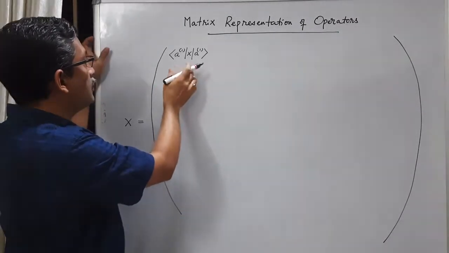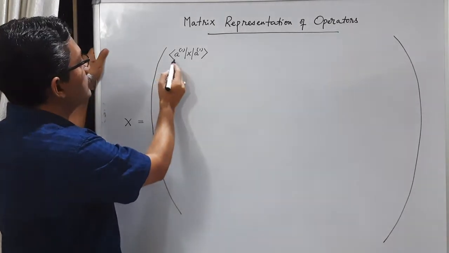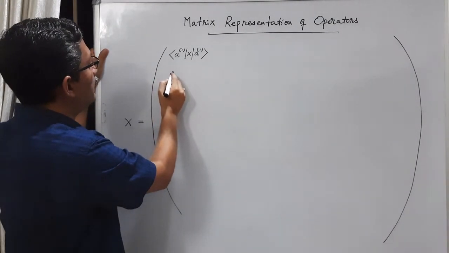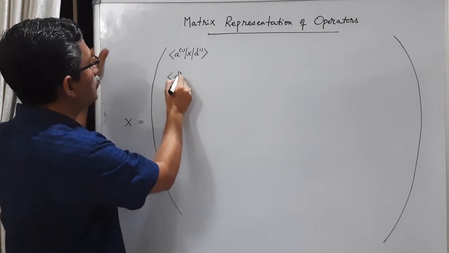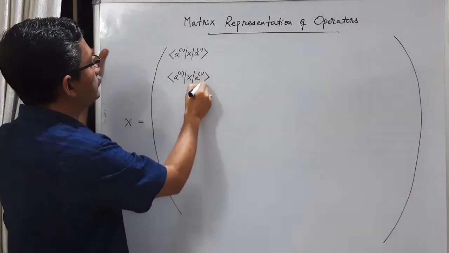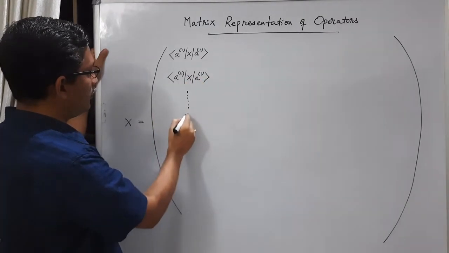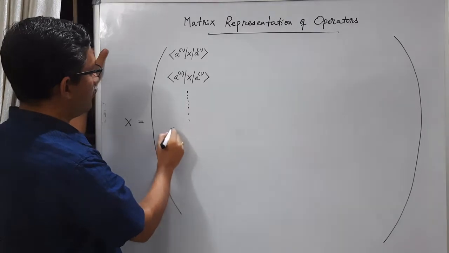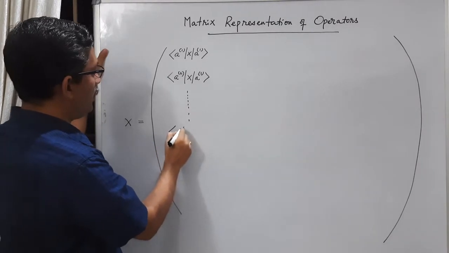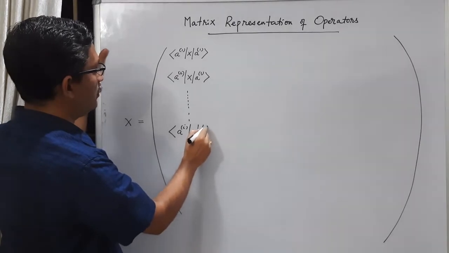So let us look at the next row. The first element of the next row: the row index will change, so this will be ⟨a2|x|a1⟩, like that. And let me write the ith row here: ⟨ai|x|a1⟩.